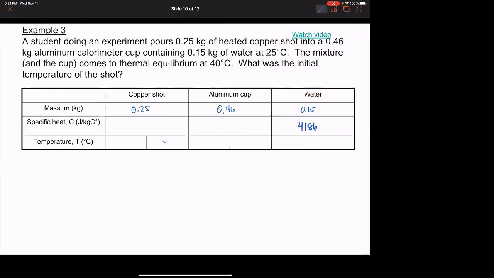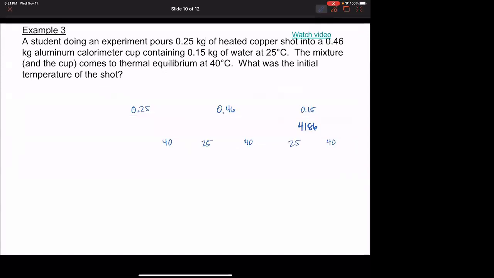The thermal equilibrium, the final temperature, is 40. So they all have a final temperature of 40. And the water and the cup are at the same initial temperature of 25 degrees Celsius.